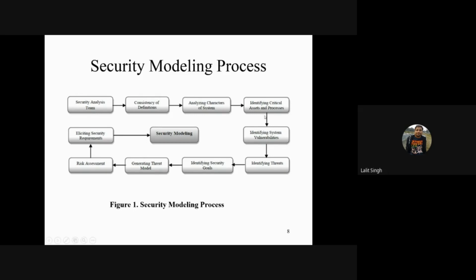And then I have to identify the critical assets and processes. For example, a system contains many modules. In an ATM system, one module is transaction, one is pin change, one is print, one is service request.